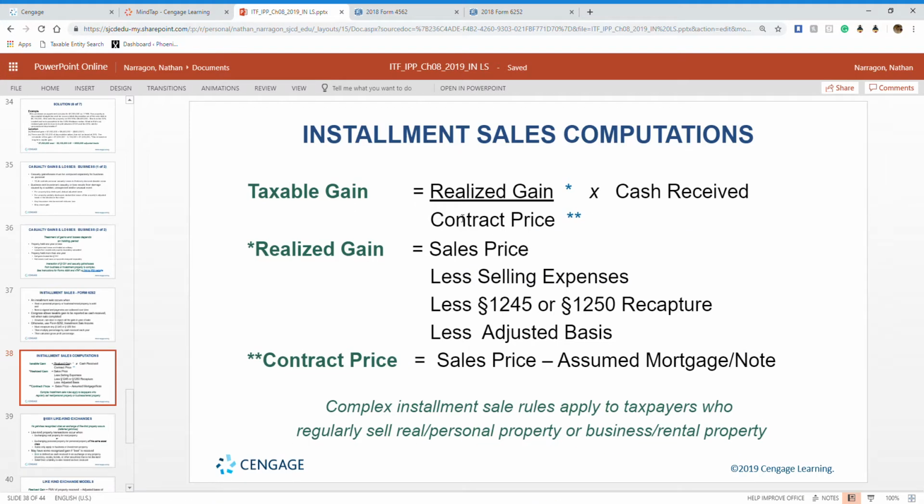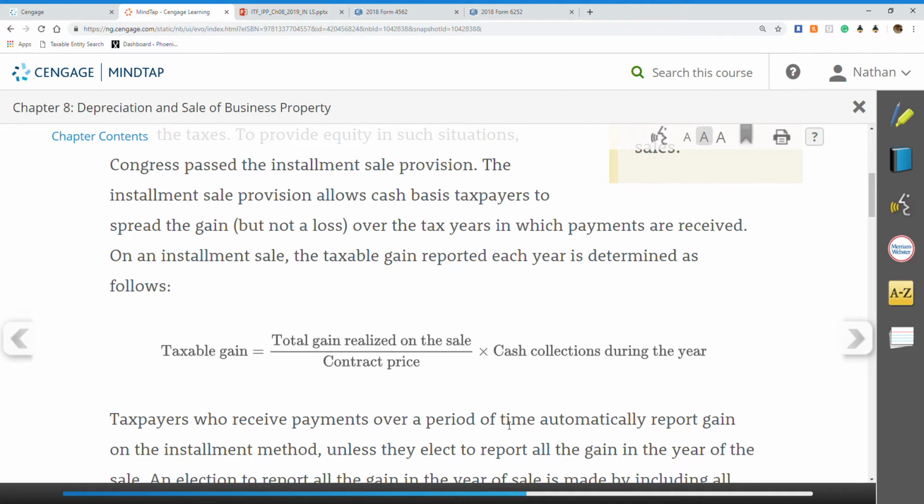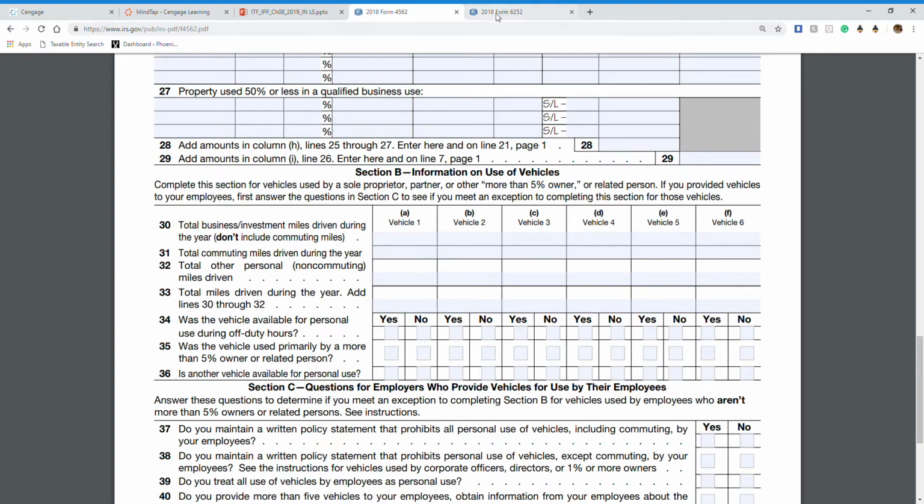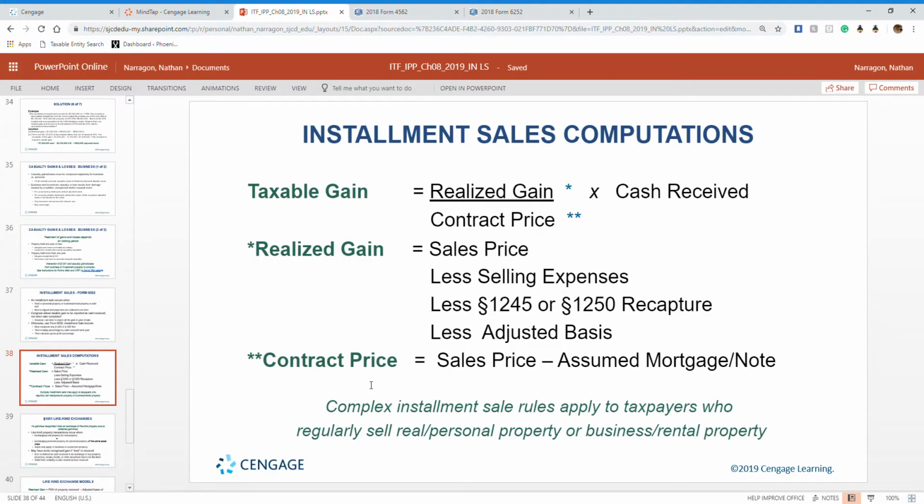That's just weird. Hey, I don't like PowerPoint, but realized gain divided by contract price times cash received is taxable gain. What they should have done was just take a screenshot of this and put it right there in their PowerPoint. Less confusing.